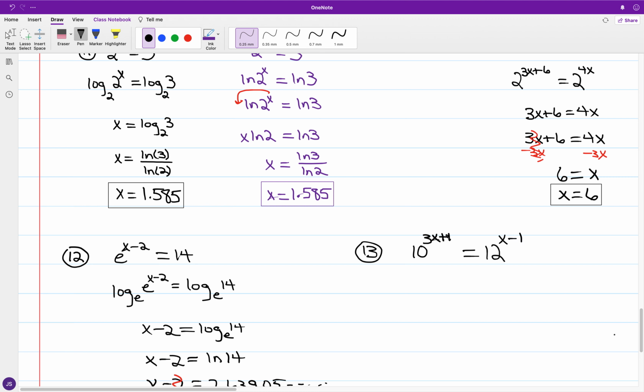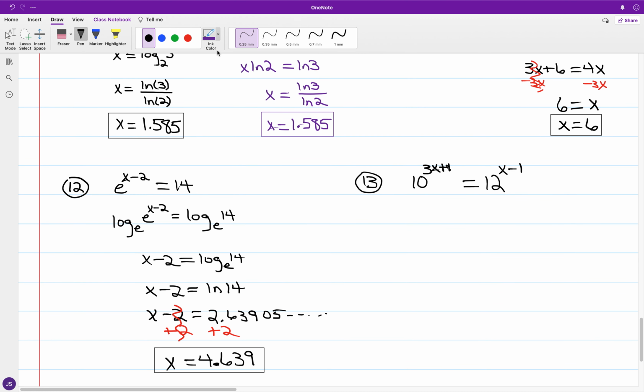Again, you can take either natural or base 10 logarithms on both sides. So again, we have 10 to the 3x plus 1 equal to 12 to the x minus 1.